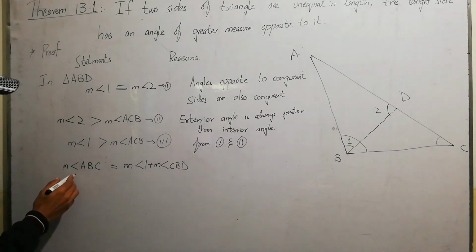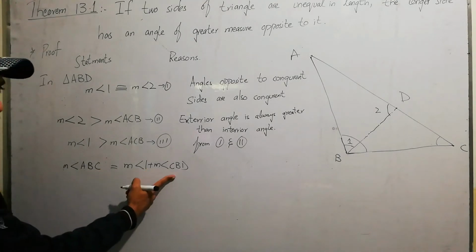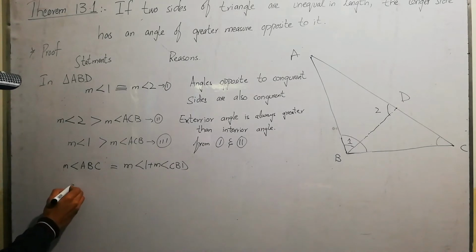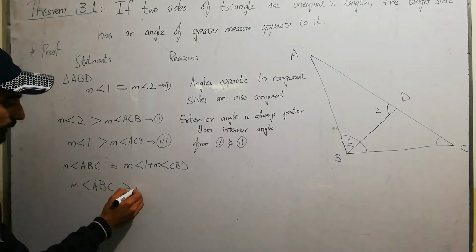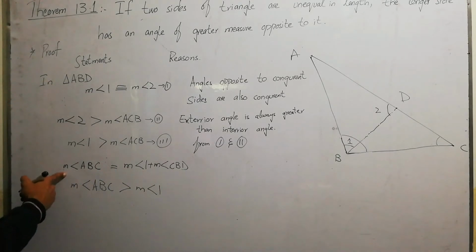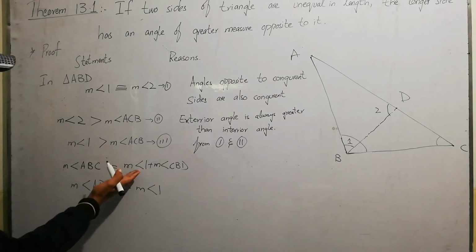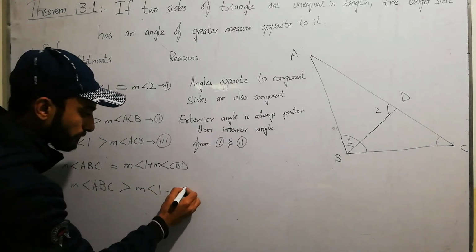In the next step we can say the measurement of angle ABC is greater than the measurement of angle 1, because a term is added to angle 1 to make it equal. So this shows that the left hand side is greater than the right hand side, greater than the measurement of angle 1. Call this equation number 4.